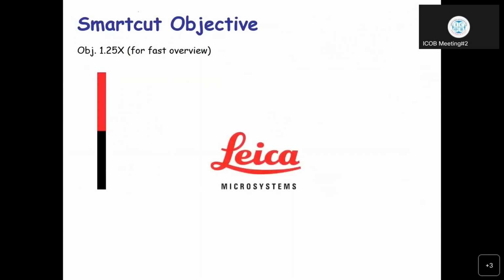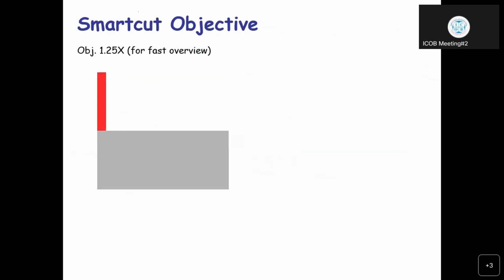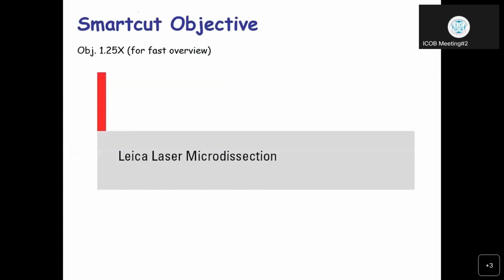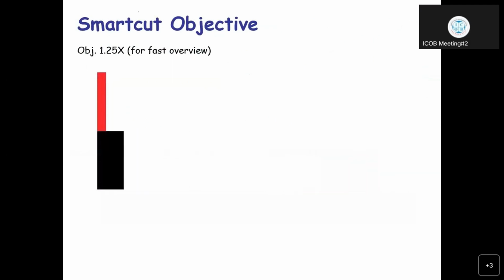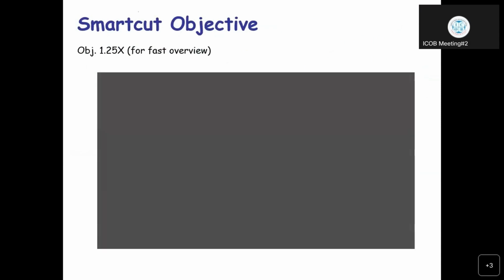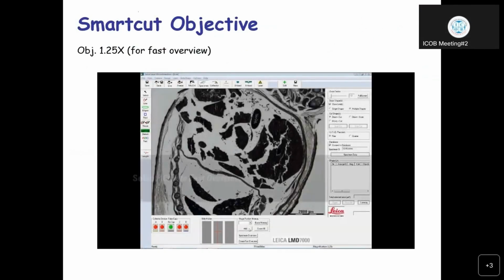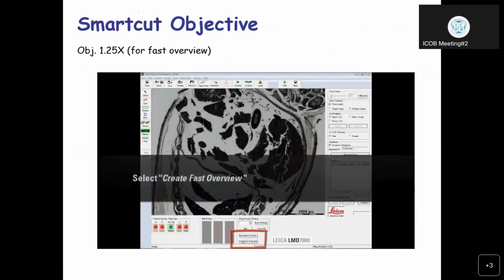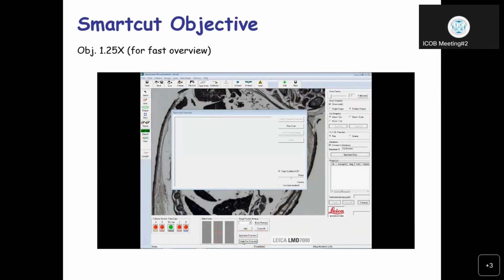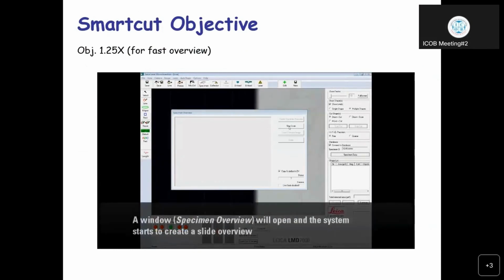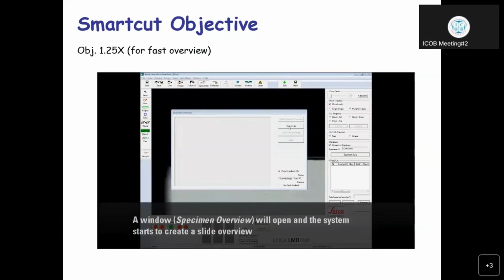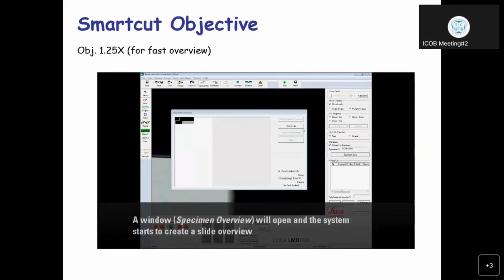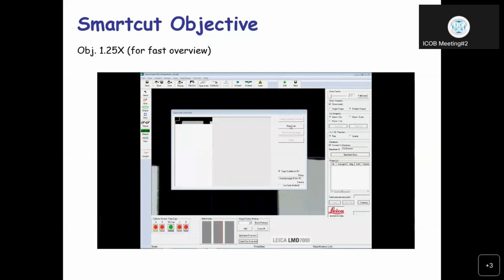So this video shows how to use the 1.25x objective to create a fast overview image. Here is a create button. Select it, a window will open, and the system starts to create a slide overview automatically.